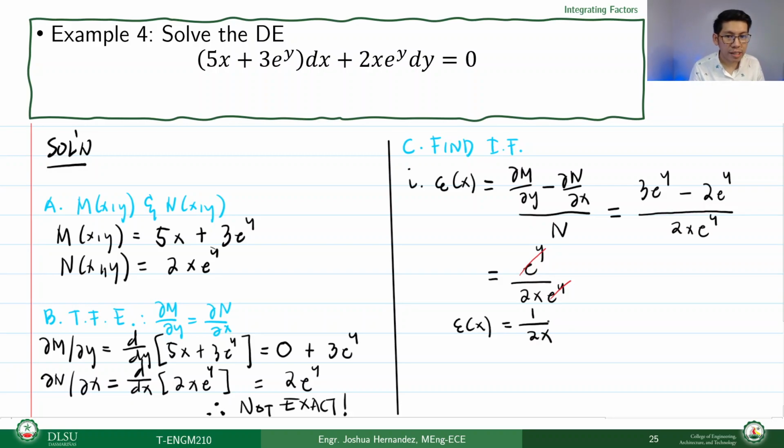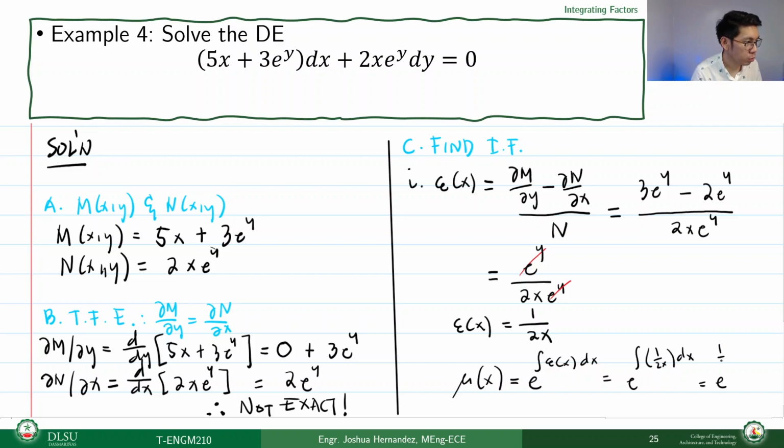Now, 1 over 2x is solely dependent on x, so we can proceed with getting the integrating factor, being e to the integral of epsilon of x dx. That is e to the integral of 1 over 2x dx, or e to the 1 over 2 integral of dx over x.